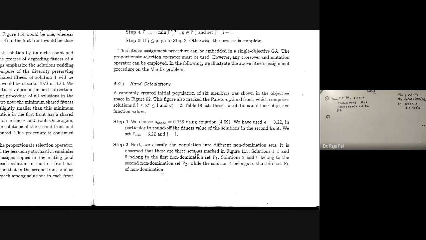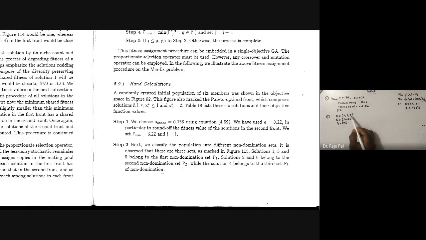We already solved this problem previously, so I just write directly the fronts formed after applying non-dominated sorting. In the first front, P1, 3 solutions are there: 1, 3 and 5. In P2, 2 solutions are there: 2 and 6. You can watch the previous lecture videos to see how to calculate these fronts. Then in P3 only one solution is there, solution number 4.